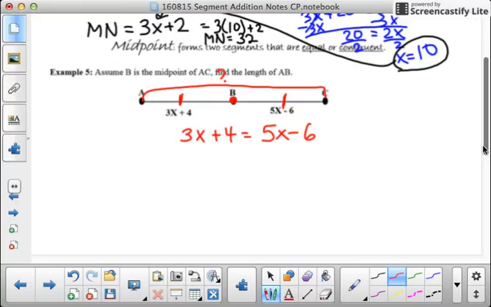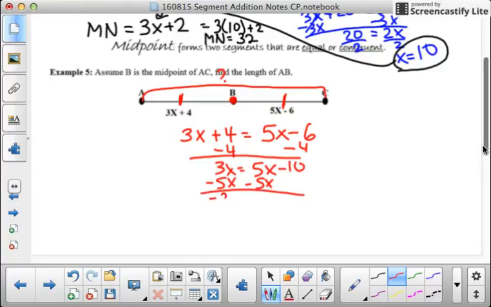Then all I have to do is use algebra and solve. Subtract 4. This gives me 3x is equal to 5x minus 10. Subtract 5x from both sides. This gives me negative 2x is equal to negative 10. Divide by negative 2, and I get x equals 5.